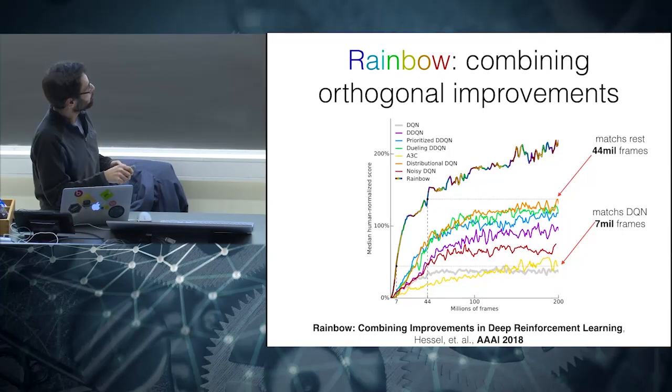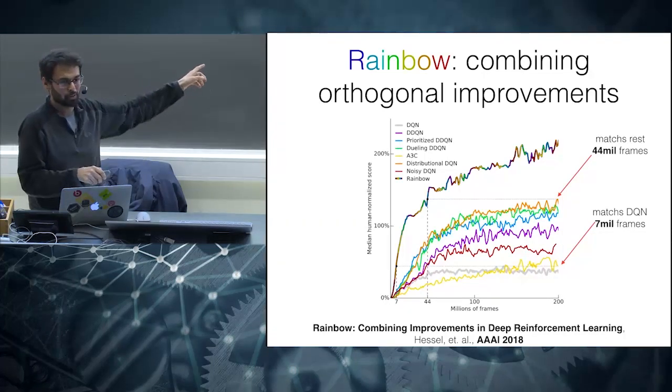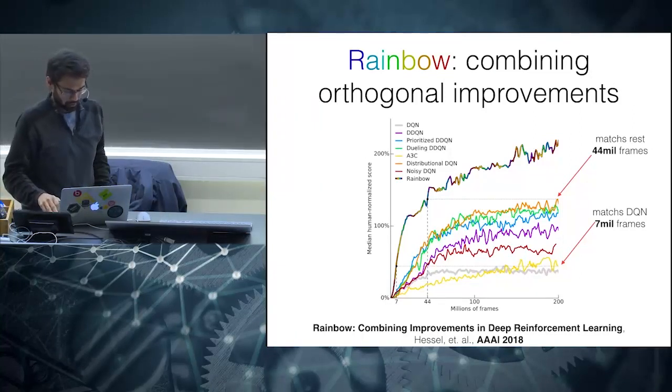So here in 44 million frames, it's surpassing the state of the art, which in this case is the thing that I just talked about, distributional DQN. It goes beyond that. I recommend reading this work.